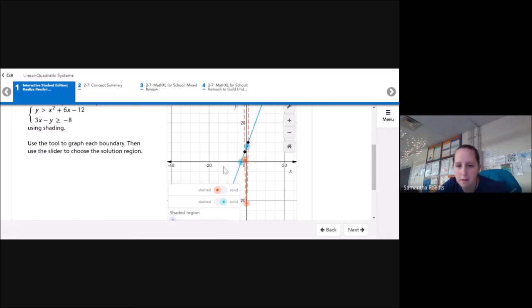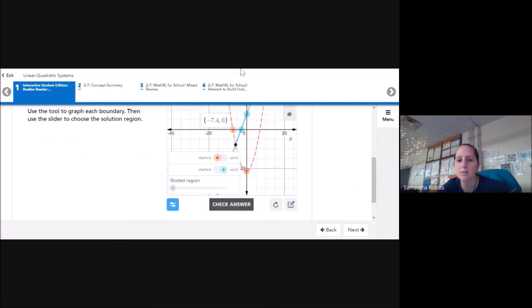Negative 5, 10, 15. So somewhere around here-ish. Yeah, that's close enough. Okay, close enough.